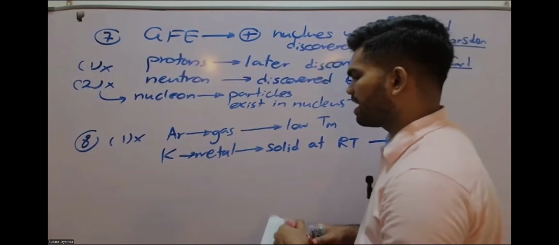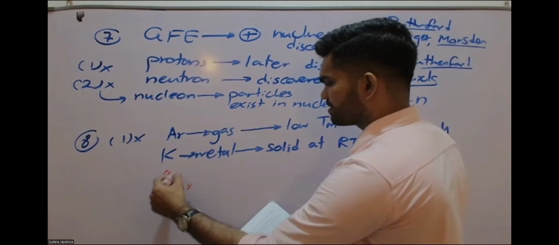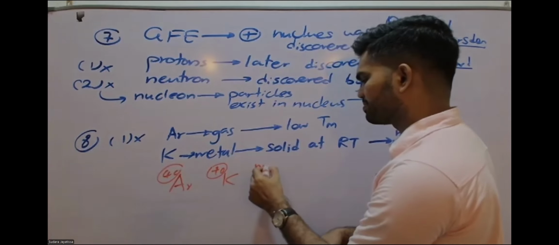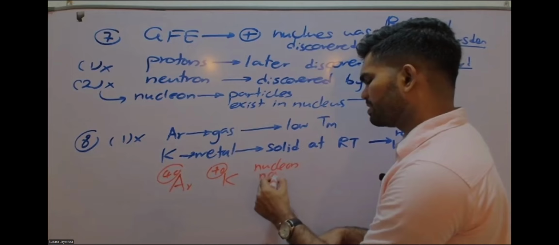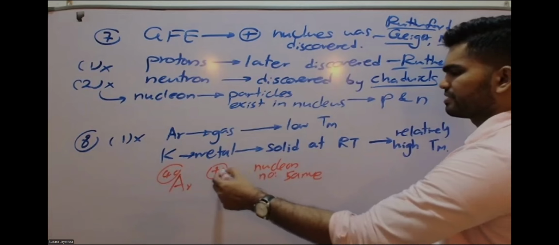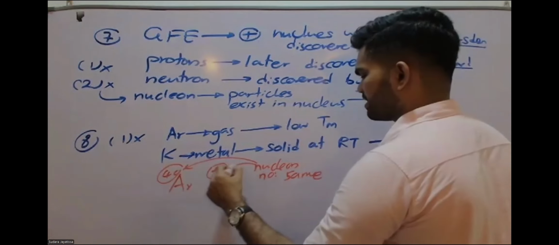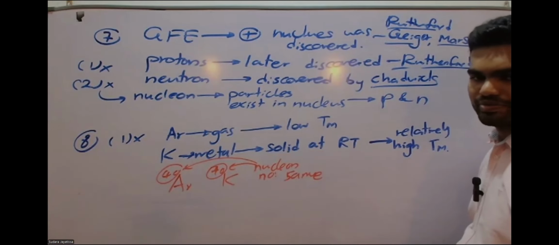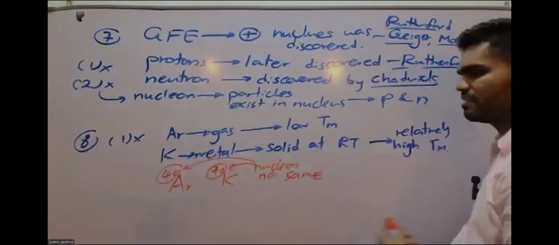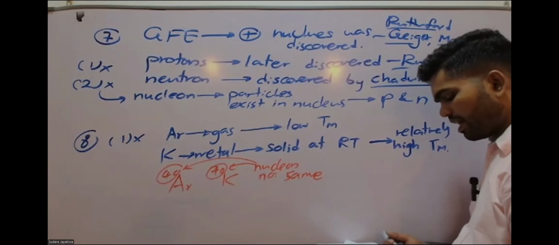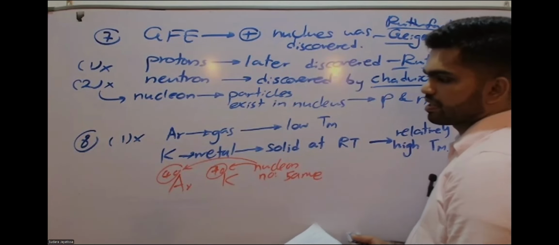Can you see that? Argon 40 and potassium 40. So their nucleon numbers, or you can say mass numbers, are the same. That's it. But for that, we can't expect them to have the same physical properties. Can't say, because one is a metal, the other one is a gas. The arrangement and structure are totally different. Isotopes have different physical properties. That one is true. Okay.